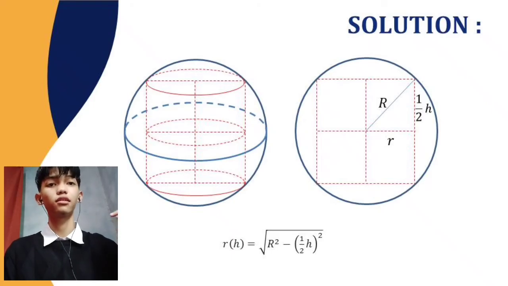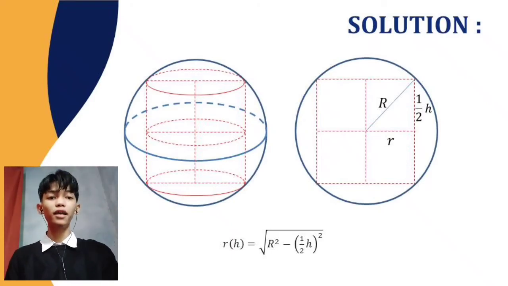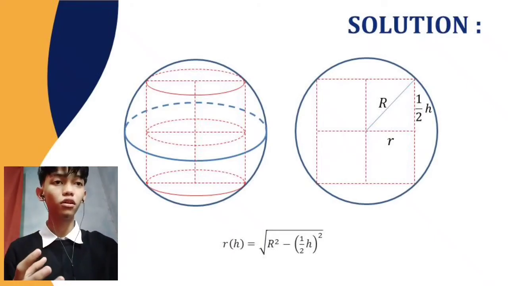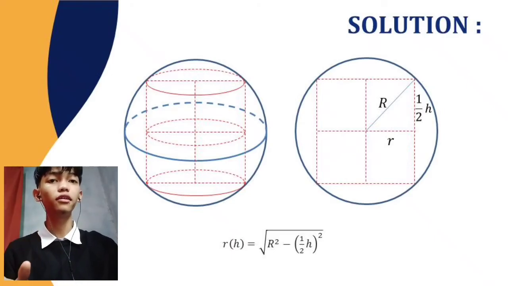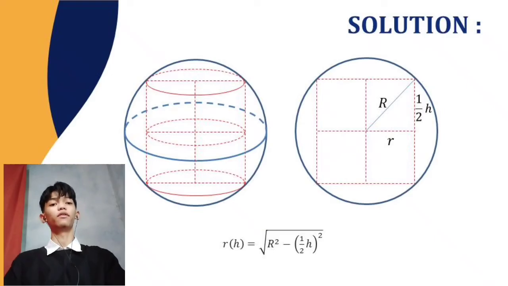Because that is a right triangle, we can apply the Pythagorean theorem and get the function of R with respect to H, defined as the square root of R capitalized squared minus (1/2 times H) all raised to the second power.